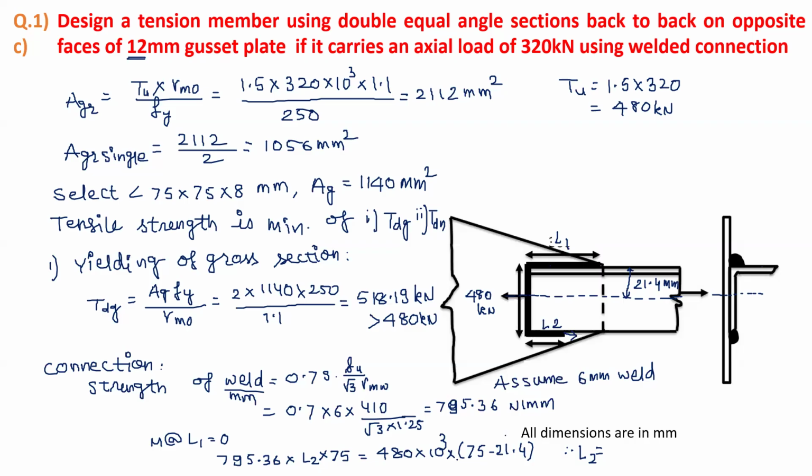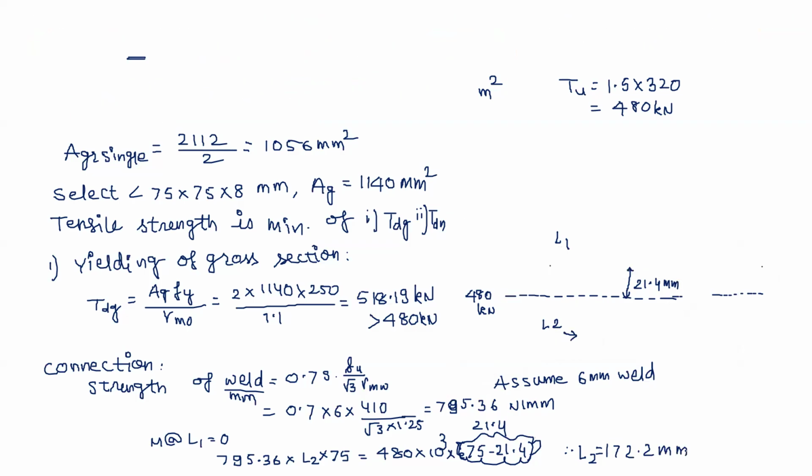For moment about L1, we have to take it as 21.4, because about moment L1 we have distance 21.4. So we divide by 75 minus 21.4 into 21.4. So this value comes to 172.2 millimeters. Just check the calculations.